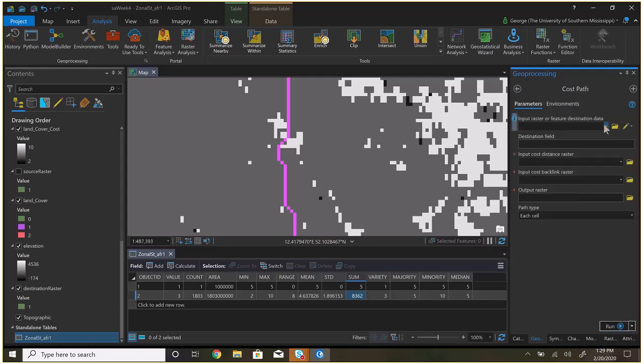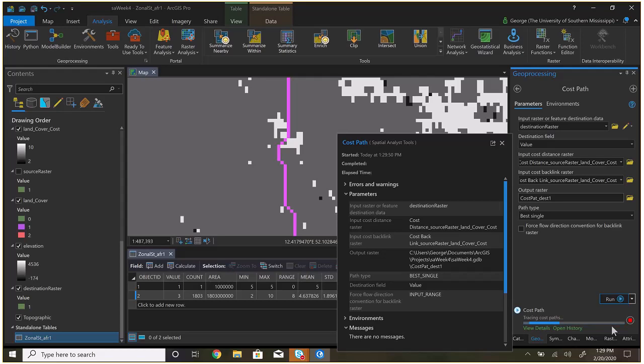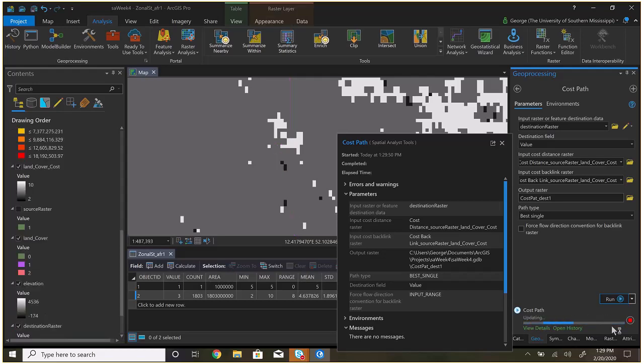There we go, that's the one. This is the one that builds off the other one. So we calculate a destination, and then I'm just going to use the destination raster so it'll match up. And then the cost distance raster, and the backlink raster, and then we need to make that the best single to keep it consistent, and run that. So this is the equivalent tool.